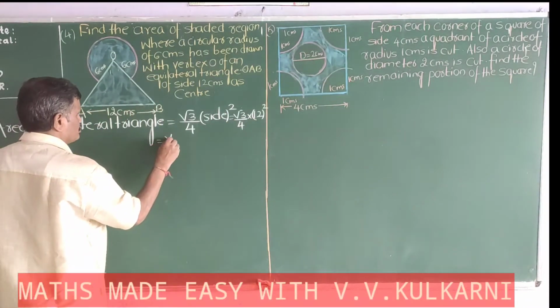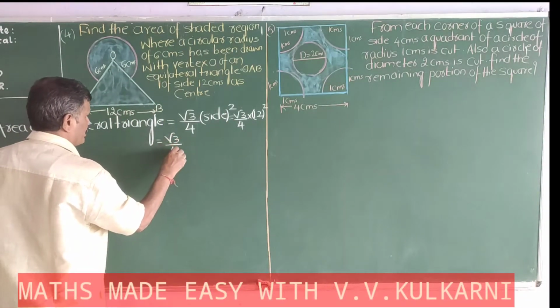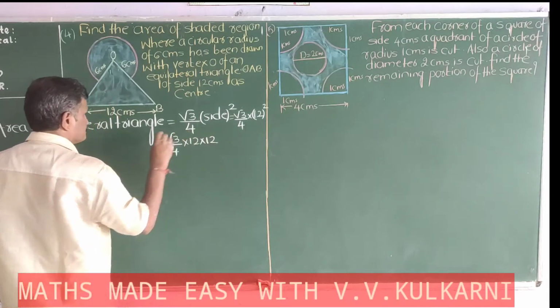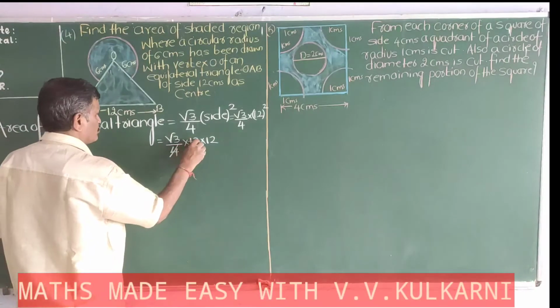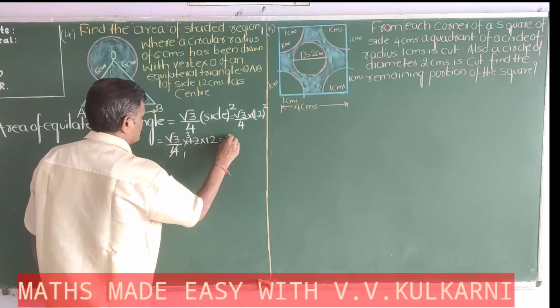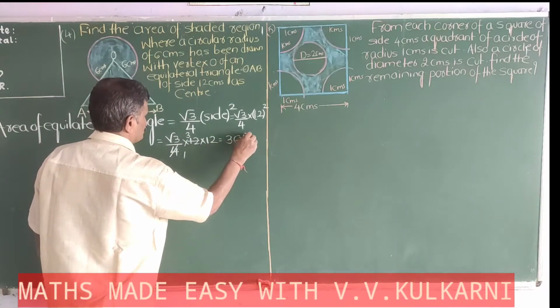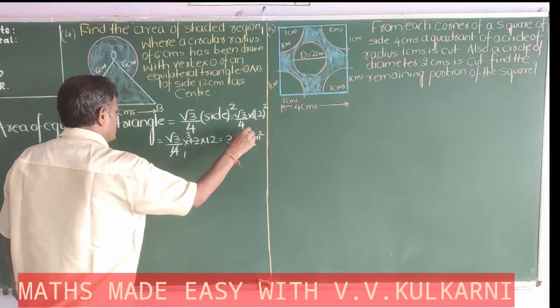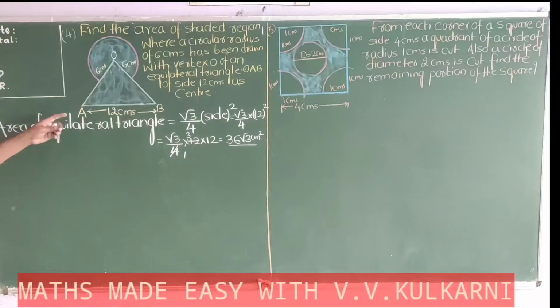This will become root 3 by 4 multiplied by 12 multiplied by 12. So 4 1s are 4, 4 3s are 12. So this becomes 36 root 3 square centimeter. So what did I get, children? I got the area of the equilateral triangle.